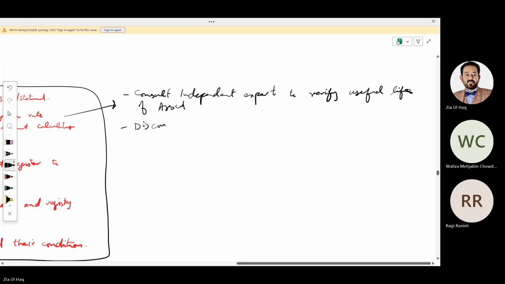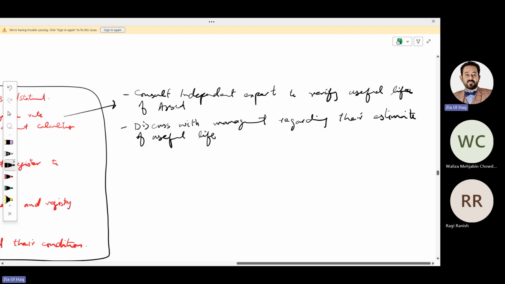Discuss with the management regarding their estimate, because useful life is an estimate, of useful life and depreciation rate.